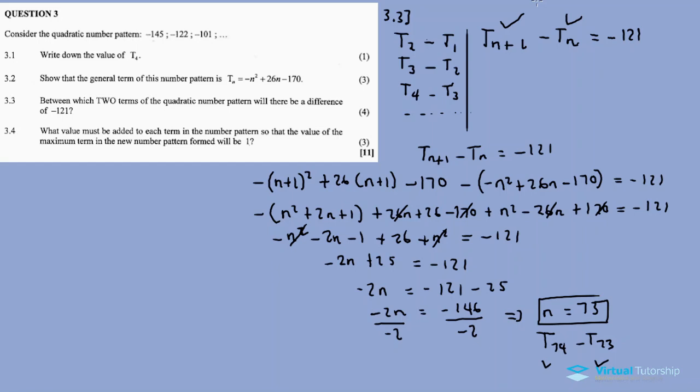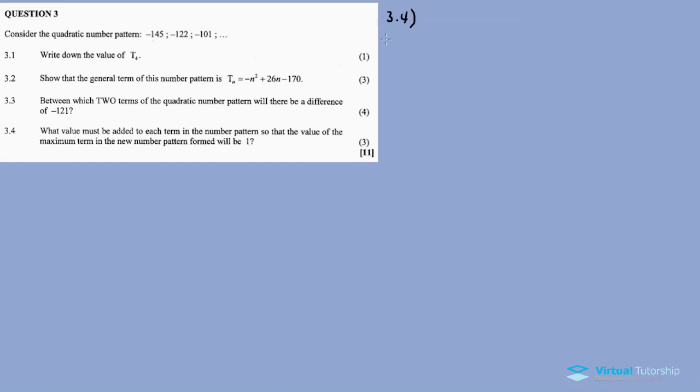With 3.4, what value must be added to each term in the number pattern so that the value of the maximum term in the new pattern will be 1? Interesting. All right, let's read the question again.